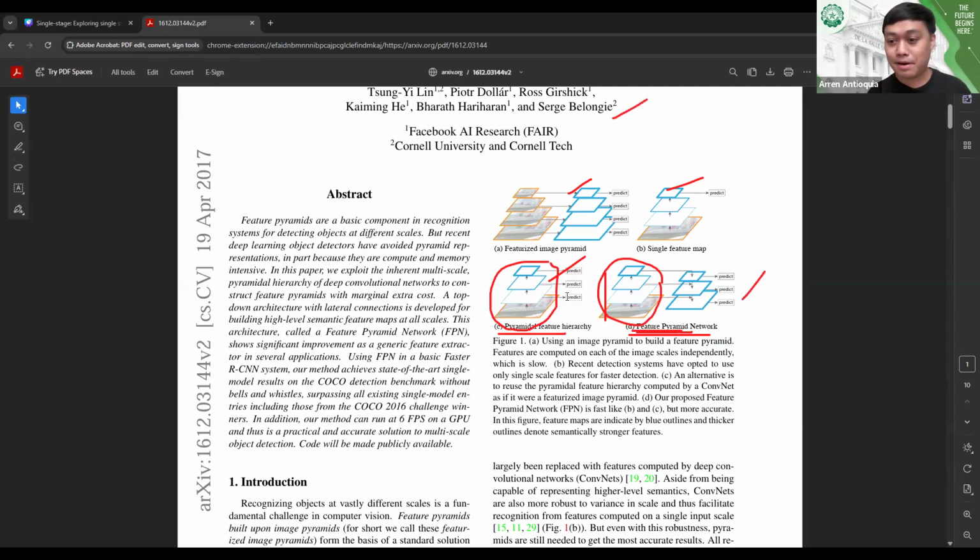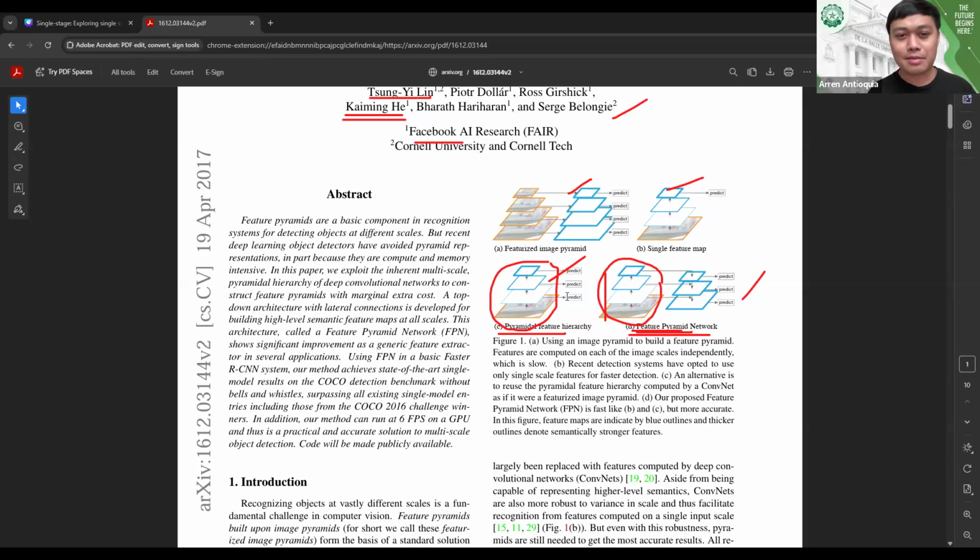These are famous people. For those who are taking the computer vision elective class under me, you are familiar with this name, Kaiming He, also the same person who wrote ResNet. This is from, as I mentioned, Facebook. This is also a famous person in computer vision.